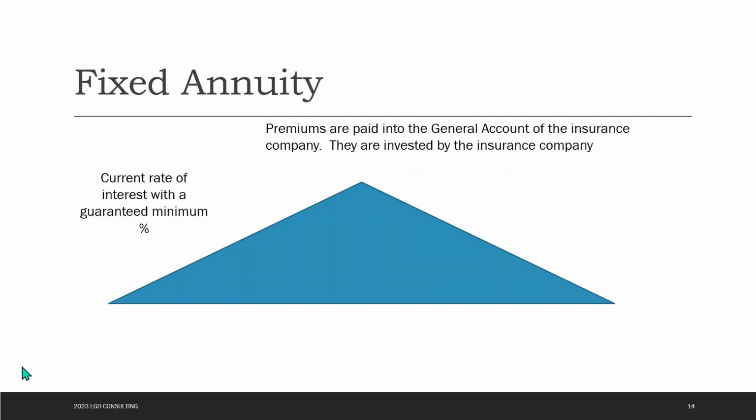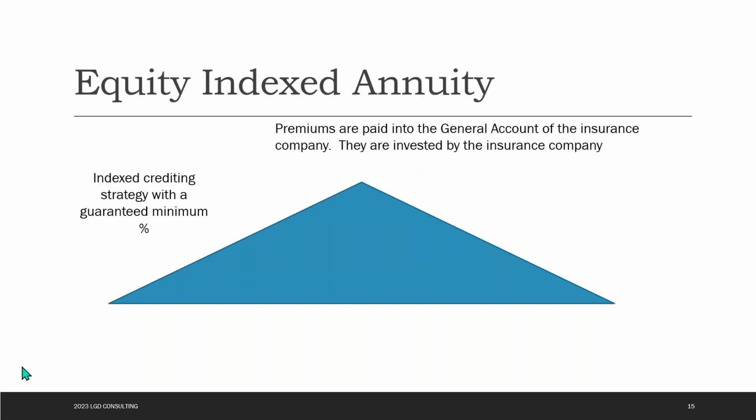Right? So your money goes into the insurance company, into the general account, and the insurance company manages the investments to give you that guaranteed minimum or fixed return. With an equity indexed annuity, they're using an indexed crediting strategy. So your money's not really in the stock market. You're in an account that's mimicking the growth of a stock market index.